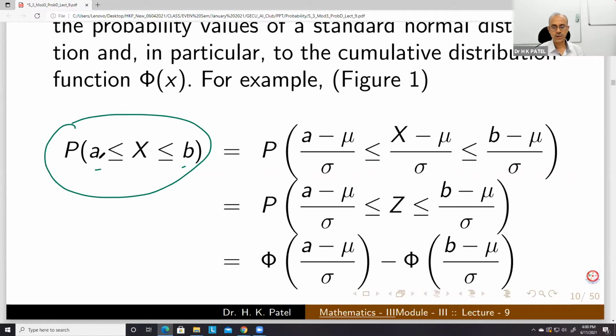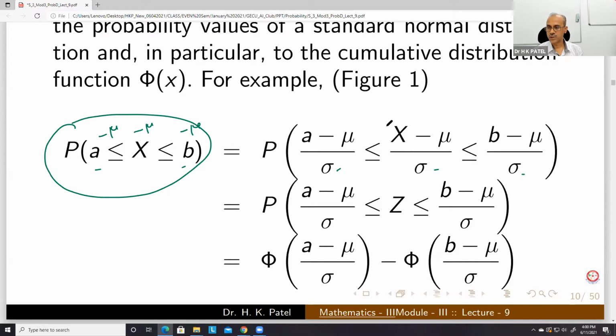Then we can do algebraic manipulation inside the bracket. What we do is subtract mu from all the components and then divide by the standard deviation.